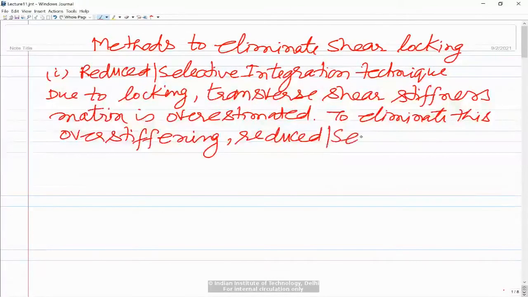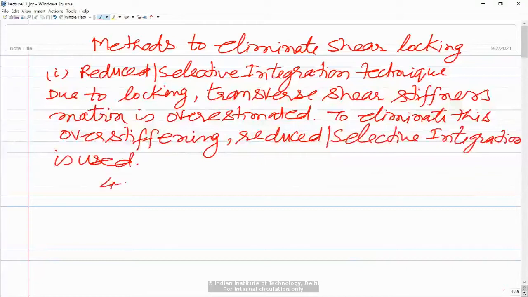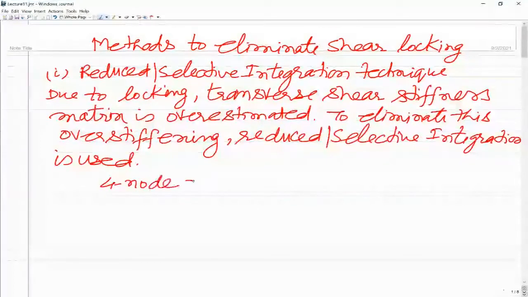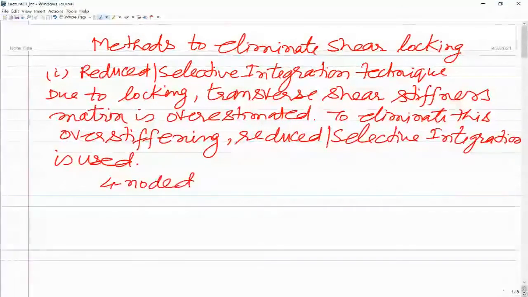Let me discuss how we do this. First let us take an example of a four noded isoparametric quadrilateral element.